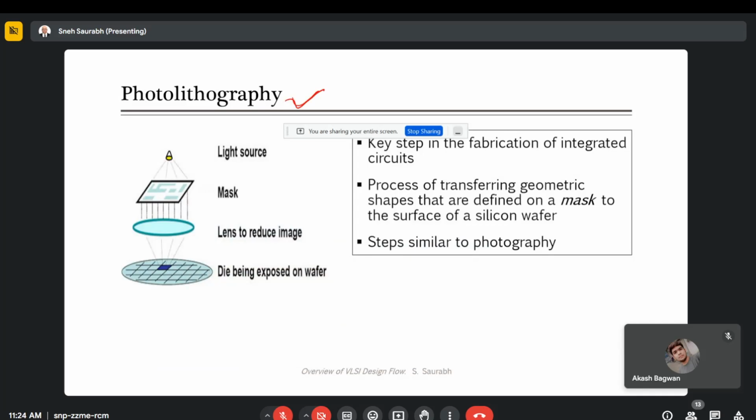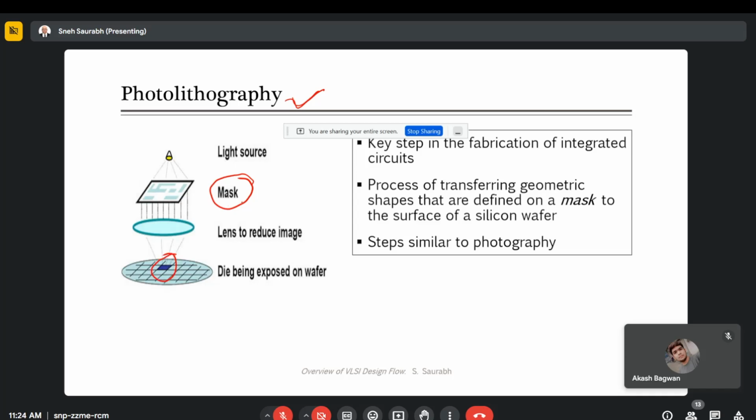So, what is photolithography? Photolithography is a fabrication task in which we pass light through a mask, right? So the mask is a glass plate over which there are patterns, right? There are patterns of the layout that we want on our chip or on our die, right?